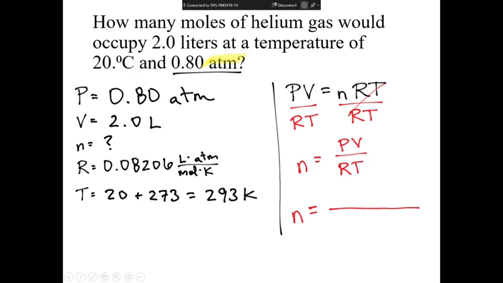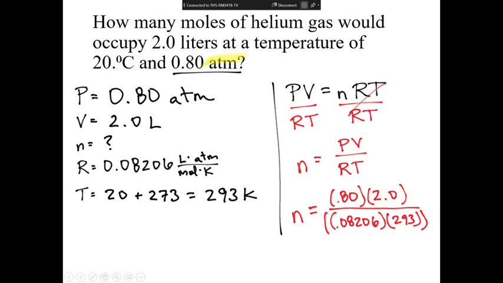So then I'll say 0.8 times 2 on top. I know all my units are in good shape. Over 0.08206 times 293, all on the bottom there. All right, making sure everything stays down there in the denominator that's supposed to be in the denominator.